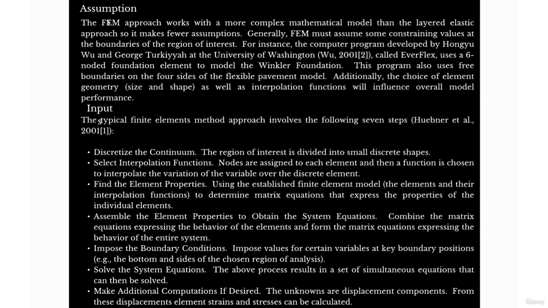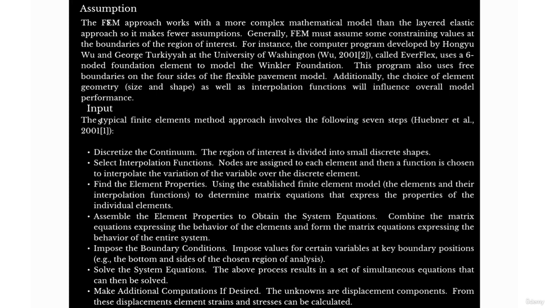So input. The typical finite element method approach involves the following 7 steps. First, discretize the continuum. Then select interpolation functions. These are nodes that are assigned to each element, and then a function is chosen to interpolate the variation of the variable over the discrete element.